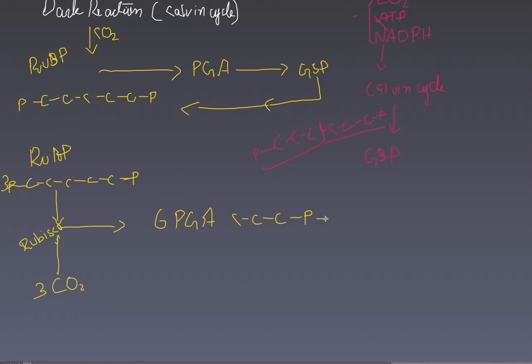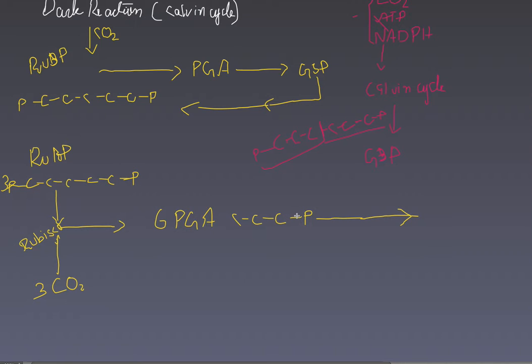Now you can imagine this PGA molecule's structure is quite similar to that of the G3P. The carbon is the same, but the structure of hydrogens and oxygens is different. That's why we named them differently.